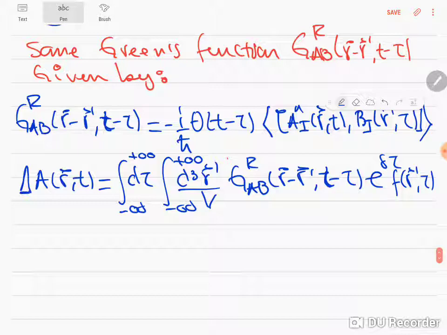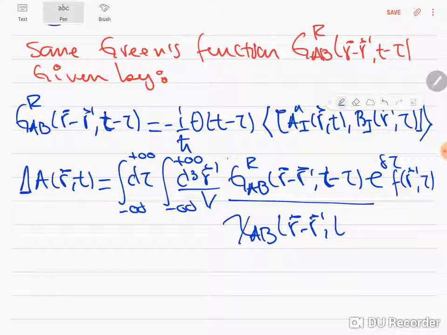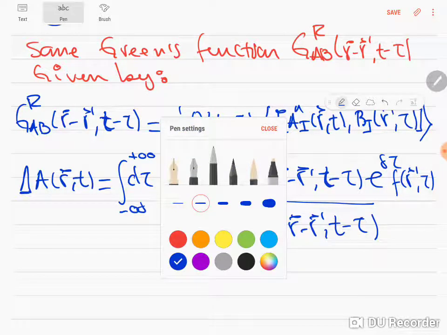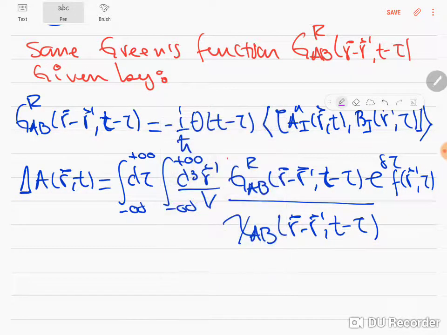So then this G is what is called, in some other fashion, χ_AB of r minus r′, t minus τ. This is called the Kubo susceptibility.